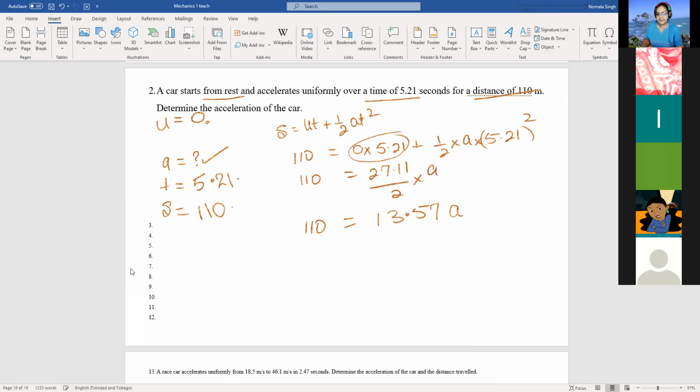So 110 is 13.57 multiplied by A. All you have to do is divide both sides by 13.57, and you get 8.10 meters per second squared. Now, if you all got a different decimal, it's just how much you rounded off. I use the exact value by itself. You all got that?